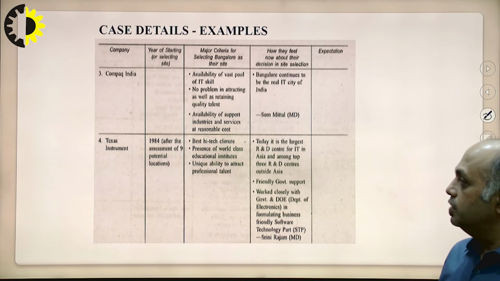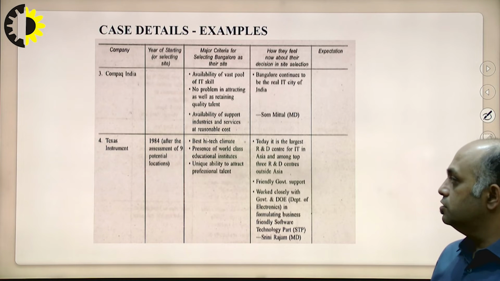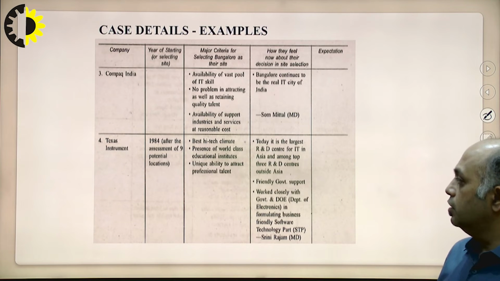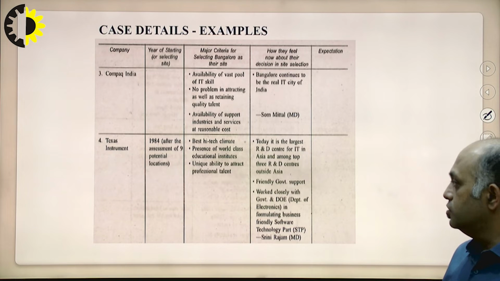Texas Instruments, if I talk about that, in 1984, after assessment of 9 potential locations, selected Bangalore. It had the best high-tech climate, presence of world-class education institutes, and a unique quality to attract professional talent. Today it is the largest R&D center of IT in Asia and among the top 3 R&D centers outside Asia.